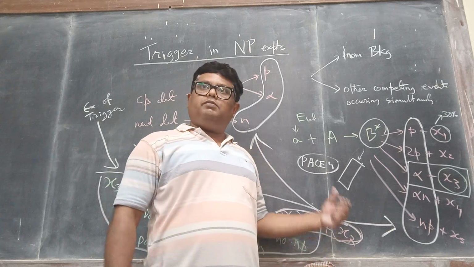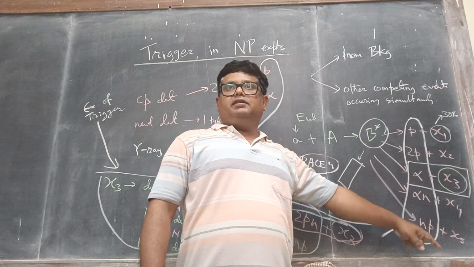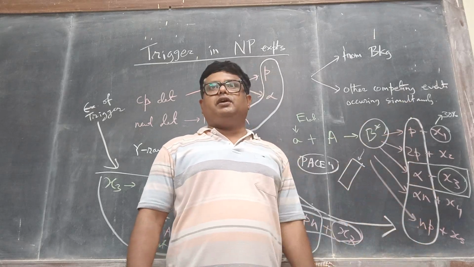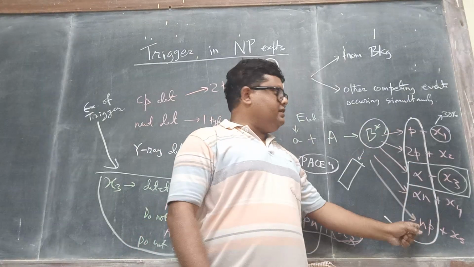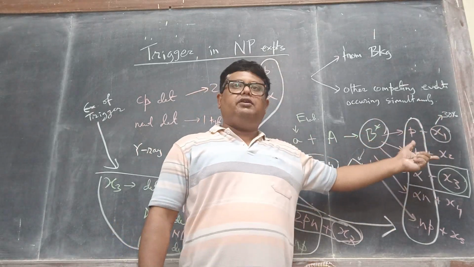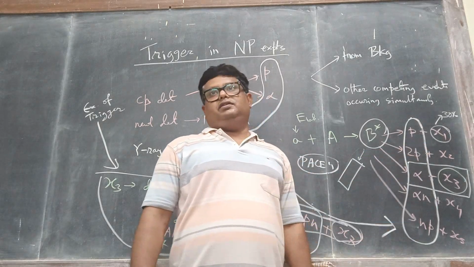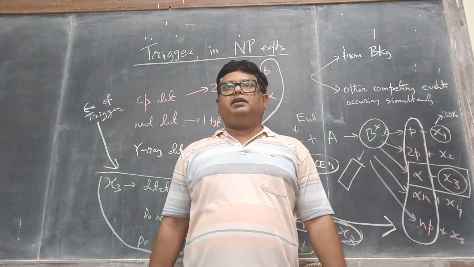You do the PACE calculation beforehand and know what you are going to expect, these are the energies. The calculations will also tell you about the cross section for each channel as well.